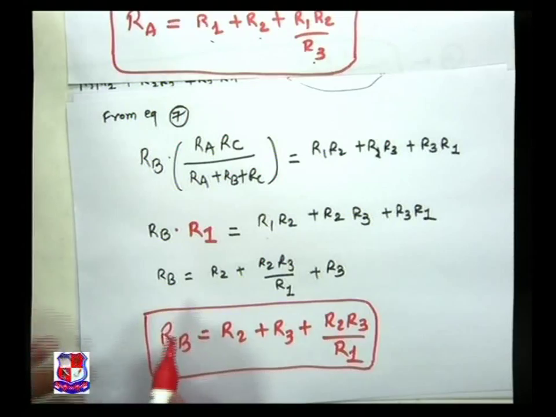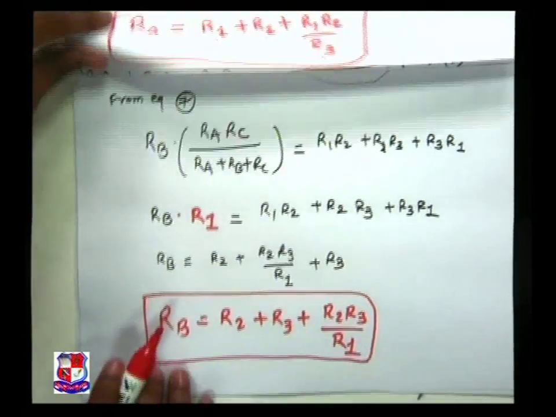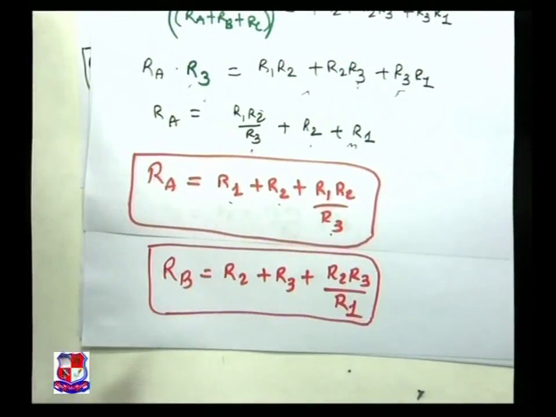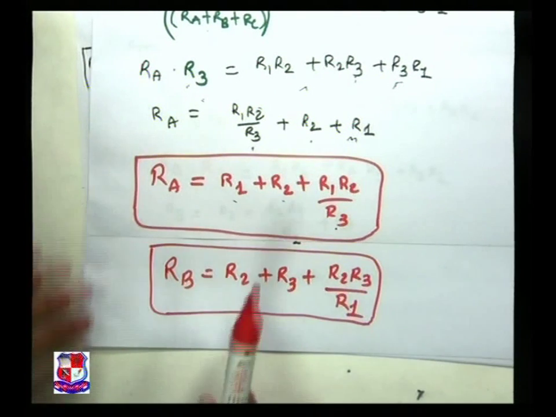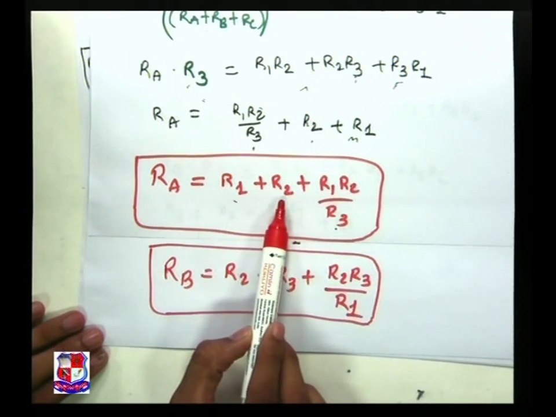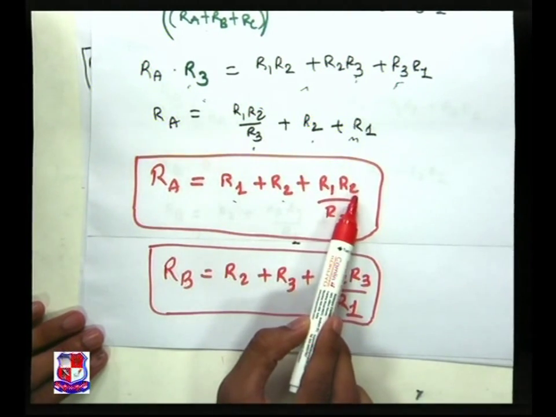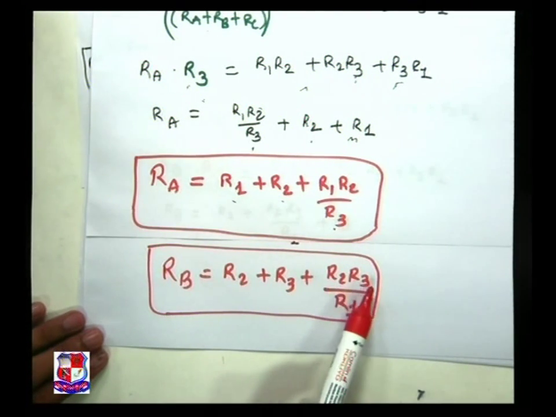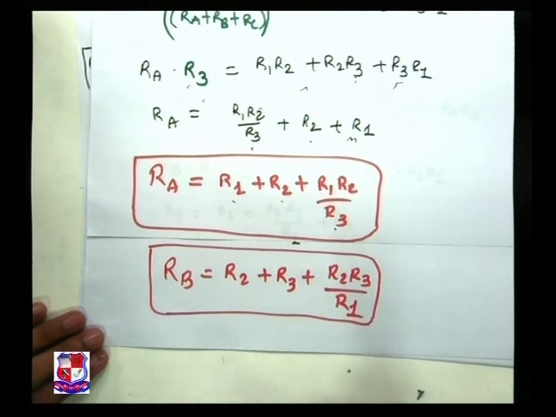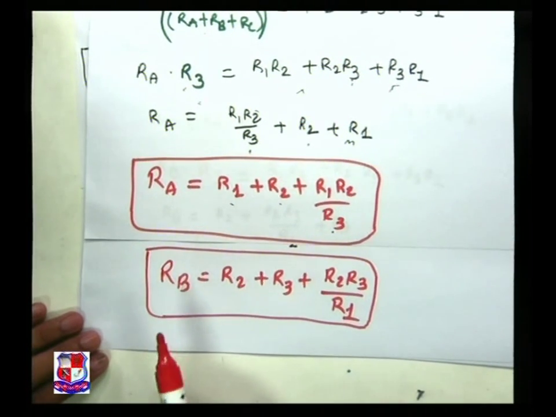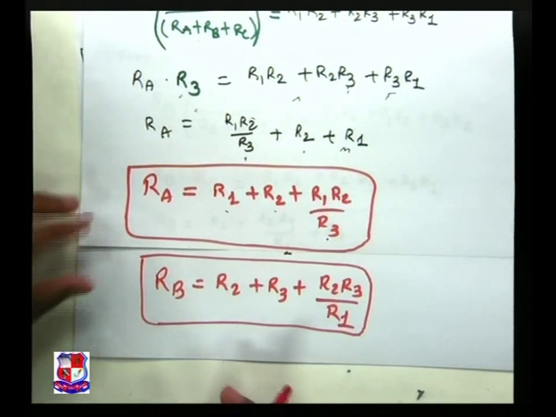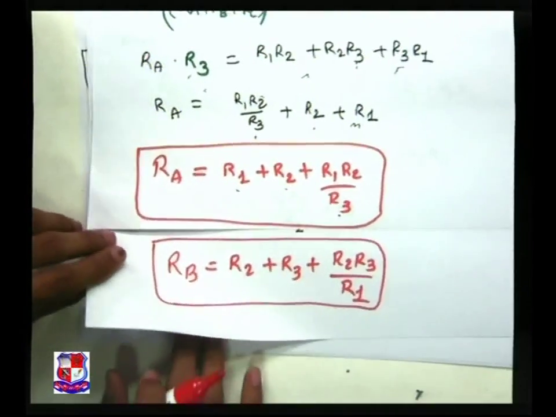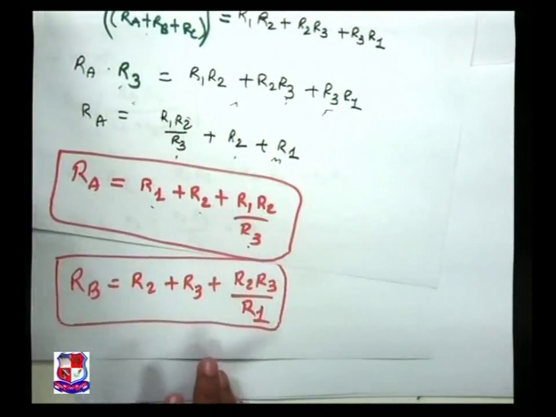So from these two equations of RA and RB, what we conclude is R1 plus R2, then here we have the multiplication R1 R2; R2 plus R3, we get the multiplication of 2 and 3. Similarly I write down the equation of resistor RC.